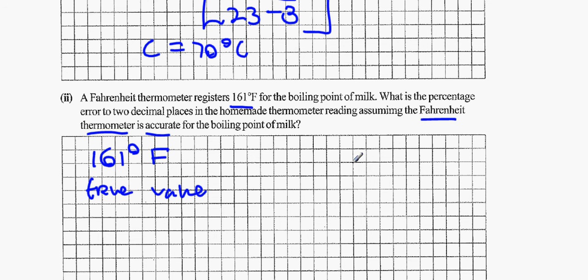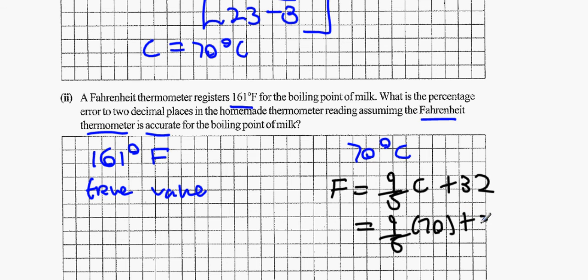And currently speaking, the problem is that you can't compare Celsius and Fahrenheit, so we need to convert it. So we're going to say Fahrenheit equals 9 over 5 multiplied by Celsius plus 32, the formula we had at the start. So we're going to multiply 9 over 5 by 70, and then add on 32.